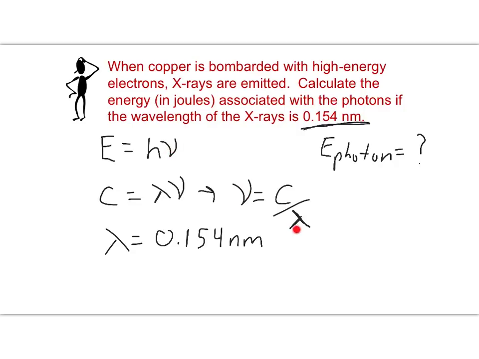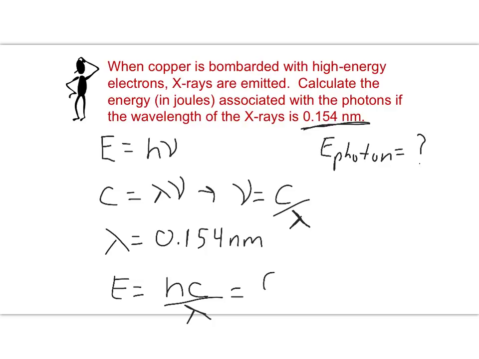This term can be substituted in for nu here. The energy of the photon can be calculated using the formula just shown.